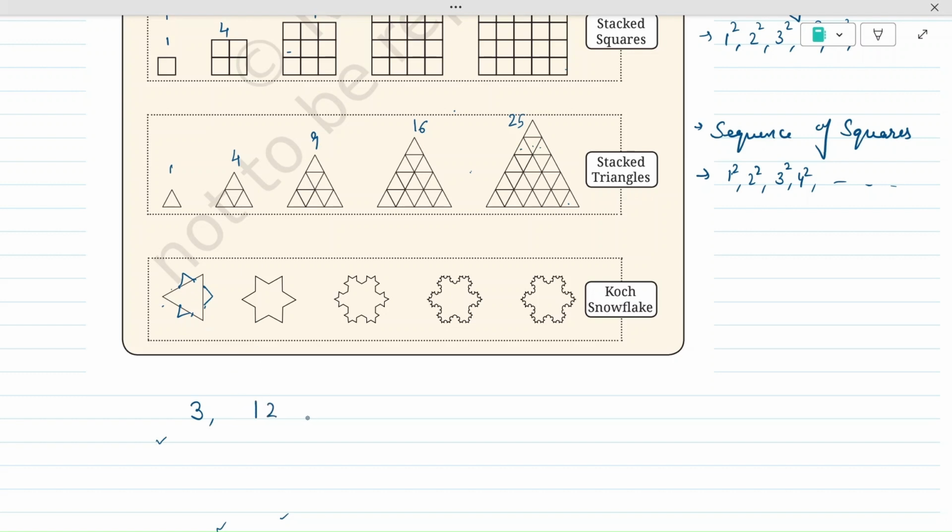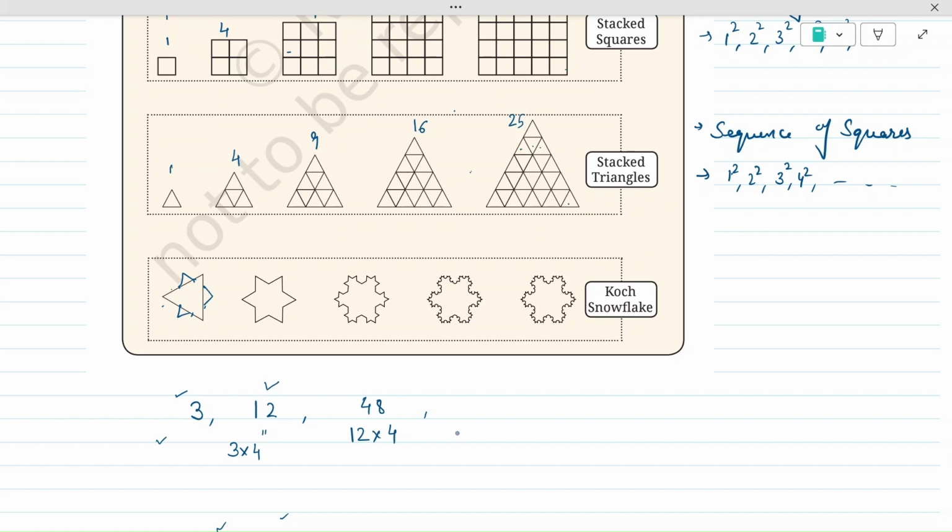For Koch snowflake, to get every next shape, we have to multiply by 4. For the first shape, we had 3 sides. The next shape, we had 12 sides, 3 times 4 gives 12. And the next one, we will have 12 multiplied by 4 again, so we will have 48.